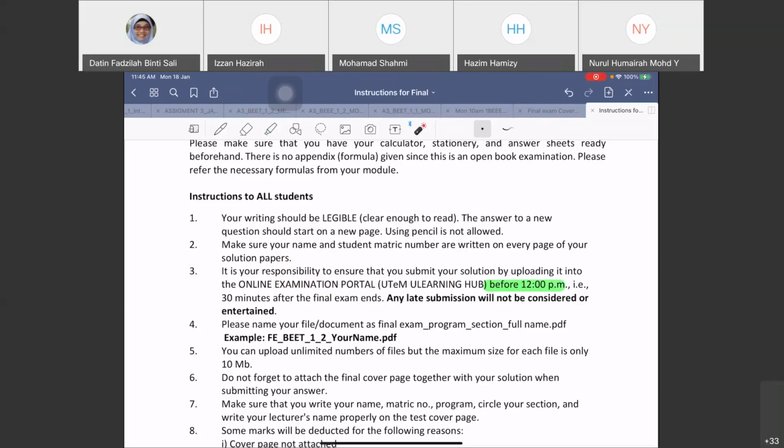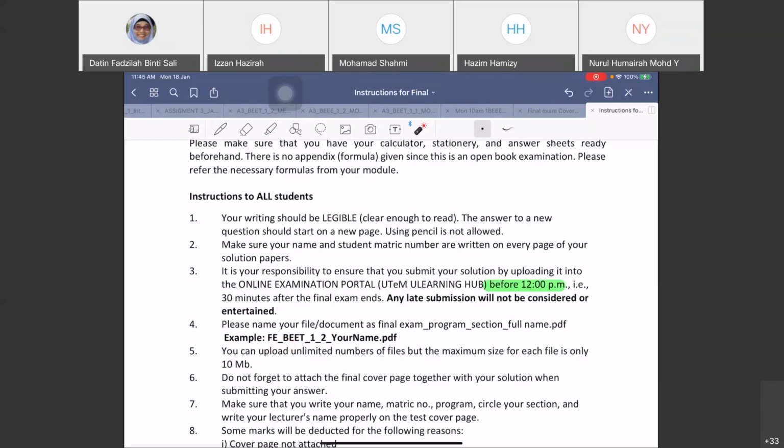So you need to submit before 12, not before 11:30, before 12. You can write your answer and do your solution for the final exam until 11:30, from 9 o'clock to 11:30. By 11:30, you must stop and then upload.